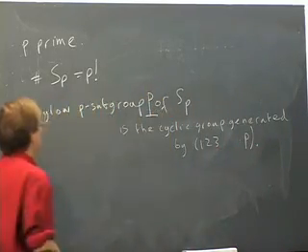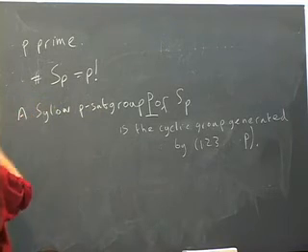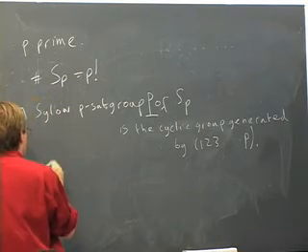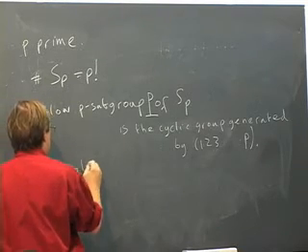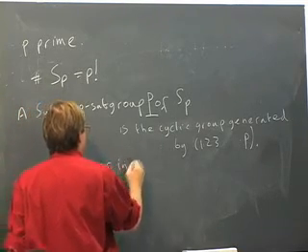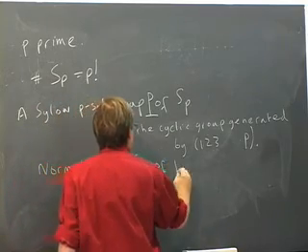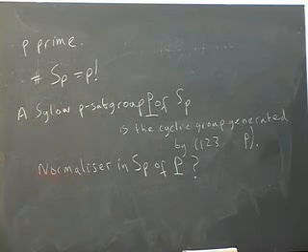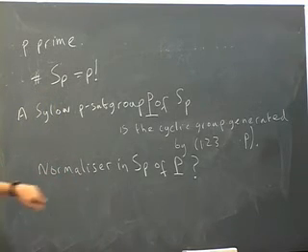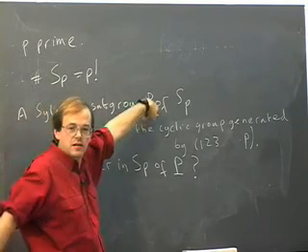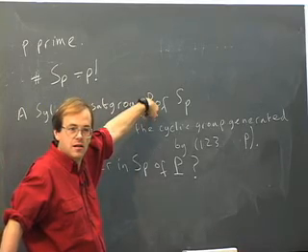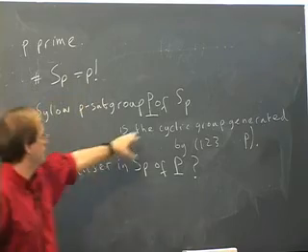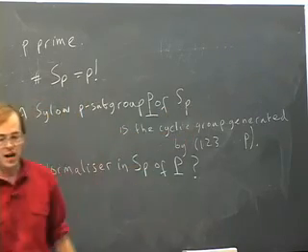Let me write P, a Sylow p-subgroup P of S_p, the cyclic group generated by this. The normalizer in S_p of this cyclic group P, that's the set of all elements which, do you know what normalizers are? Yeah. So the question is to calculate the normalizer of this Sylow p-subgroup.